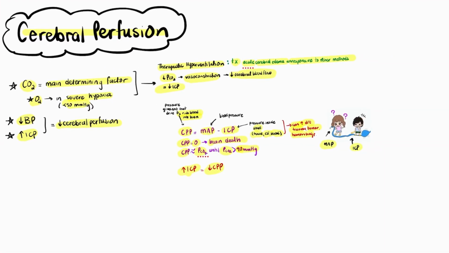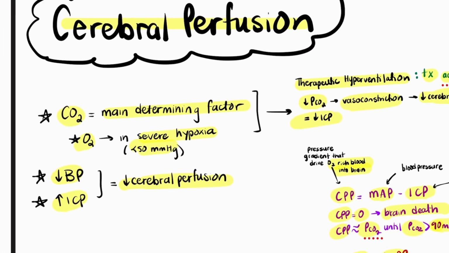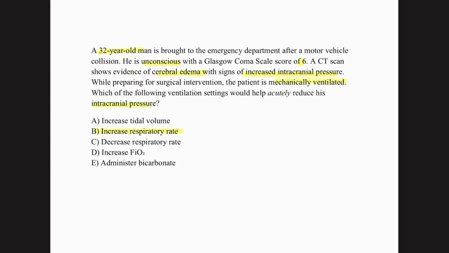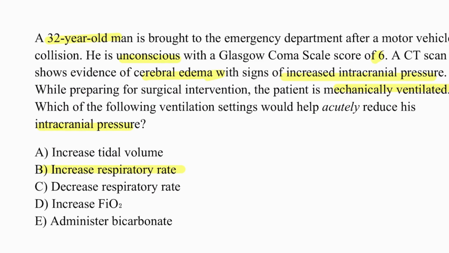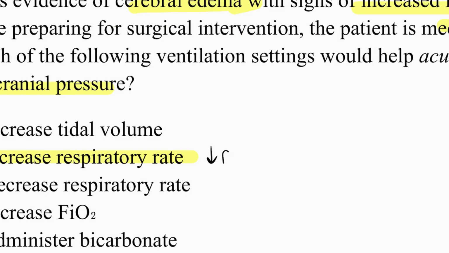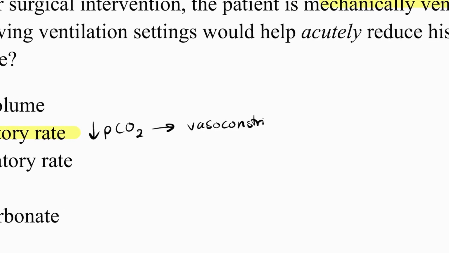So pretty simple, right? So remember, anytime we want to reduce intracranial pressure, we're going to increase the respiration rate, and that's going to decrease PCO2, that's going to vasoconstrict, and that's going to reduce the intracranial pressure. Check.